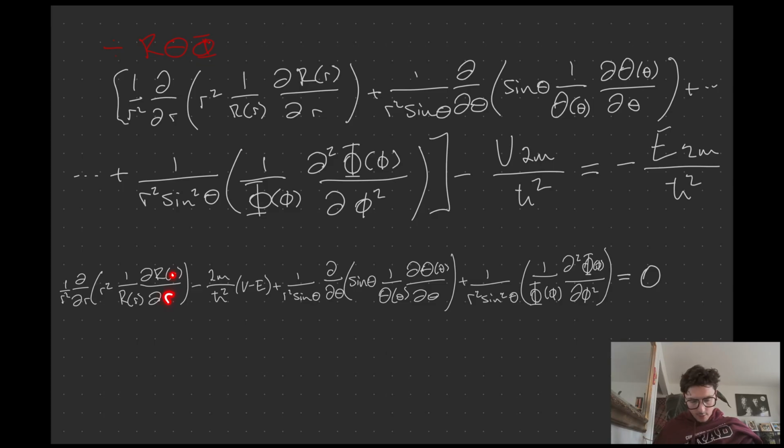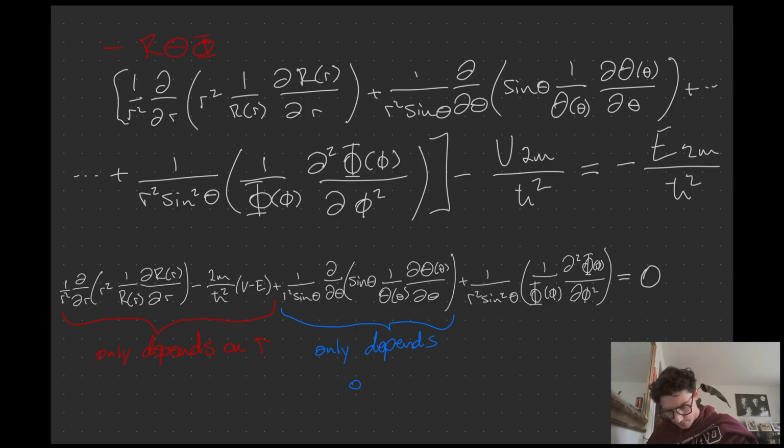And then we have r here, r here, r here, r here, r here, r here. So this entire glob right here only depends on r. Nice.